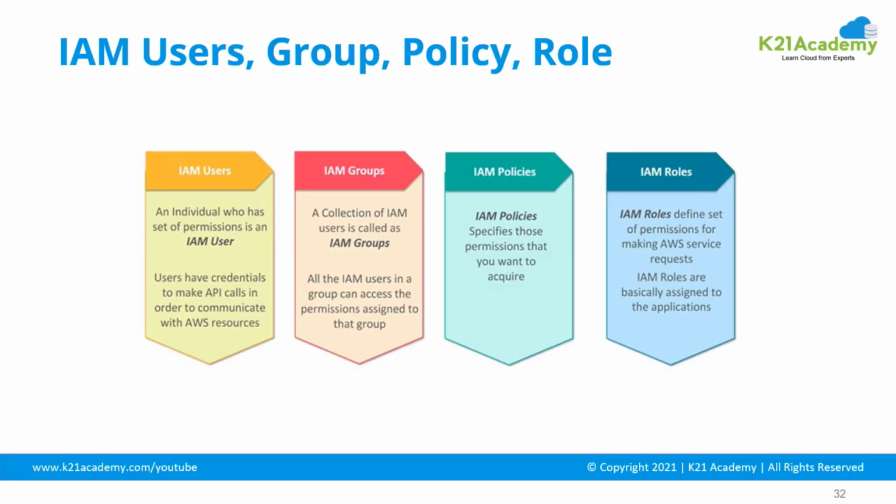So a role is similar to a user on which you can apply permissions, but the major difference between user and role is that a user will have a credential, which means either a key or a password or something to log in or access those resources, whereas a role is just a set of permissions. You don't log in through it; the role is assigned to a user or a resource. I hope that makes sense.